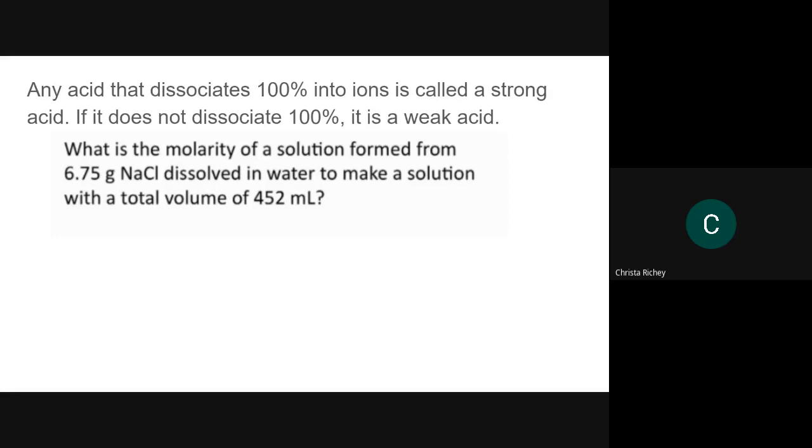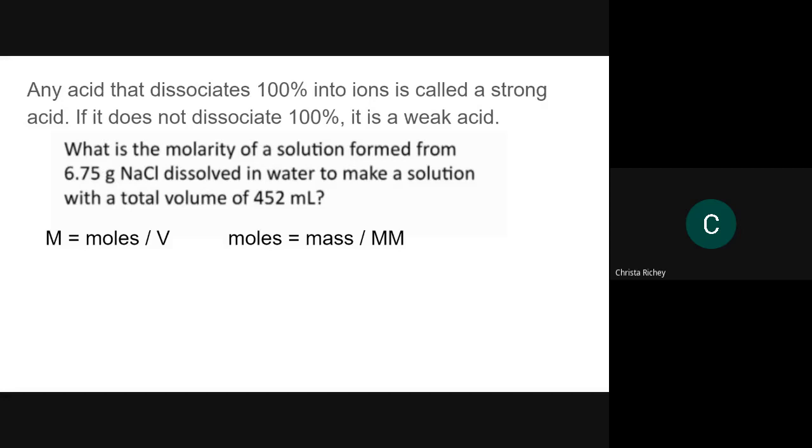You have one that's going to ask you about calculating molarity, so I've got to give you the formula for it. Molar concentration is how many moles you have, which is when they give you grams of a substance, you divide that by the molar mass to get the number of moles.